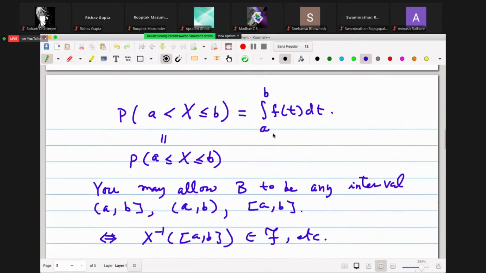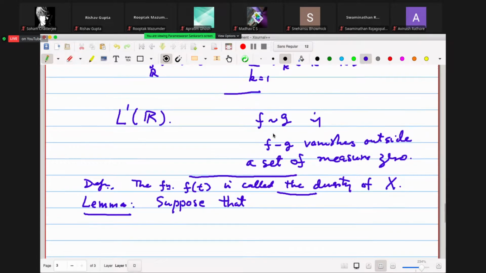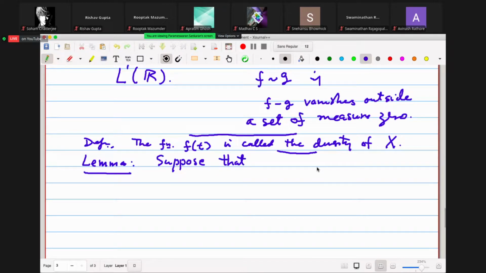Actually, one should call f of t dt the density, so there's a slight abuse of language here. We call this the density.